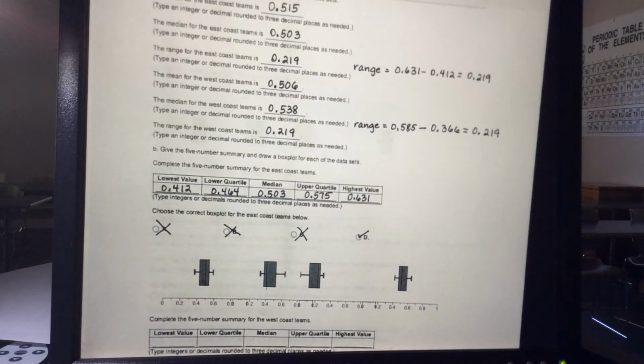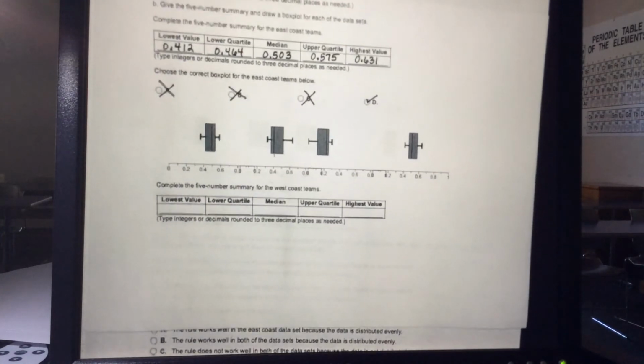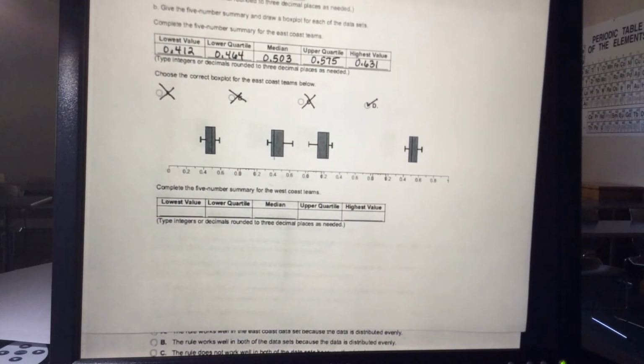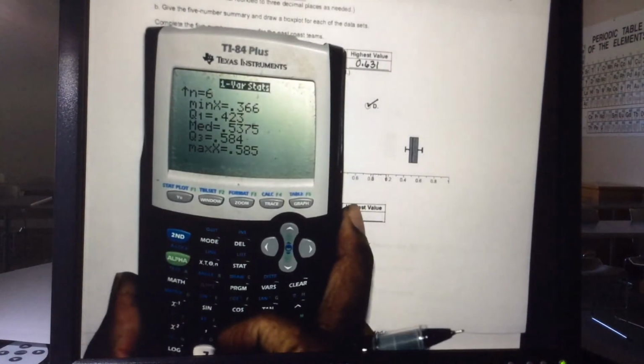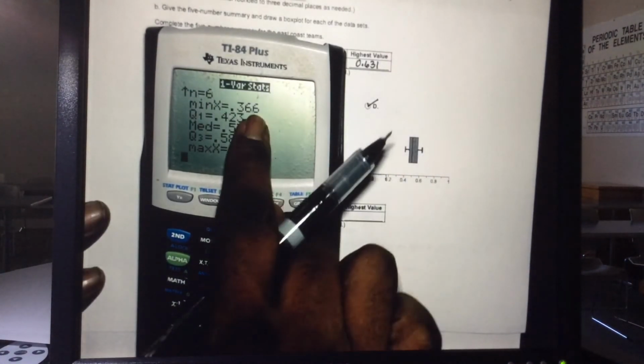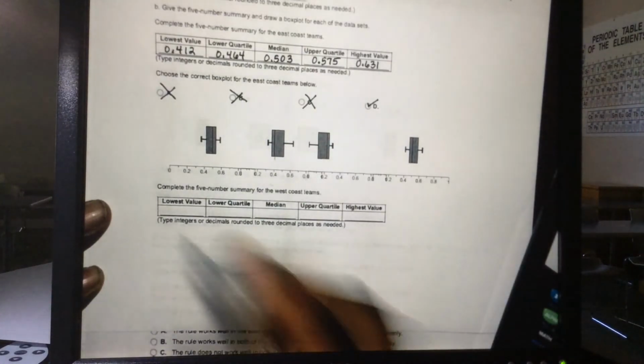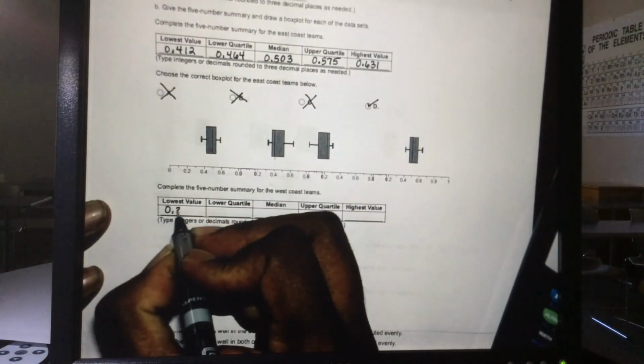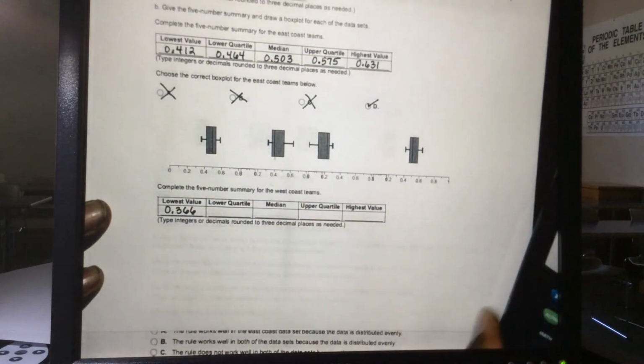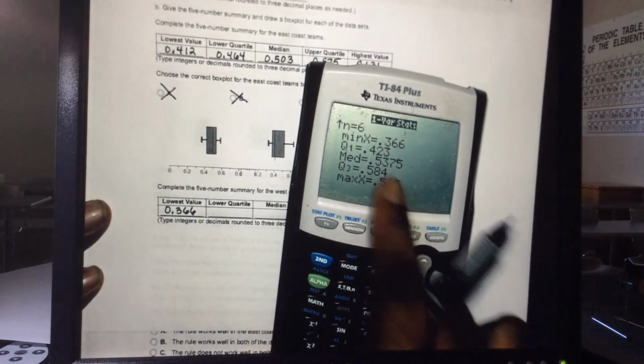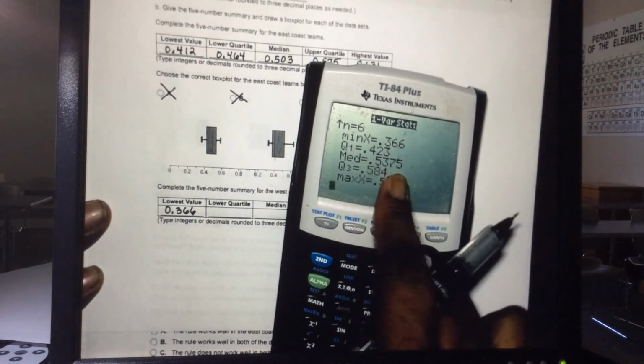Okay. And now, for the West Coast teams, I have this in the calculator. The lowest value is, as you can see, 0.366. The median, we're going to say 0.538.